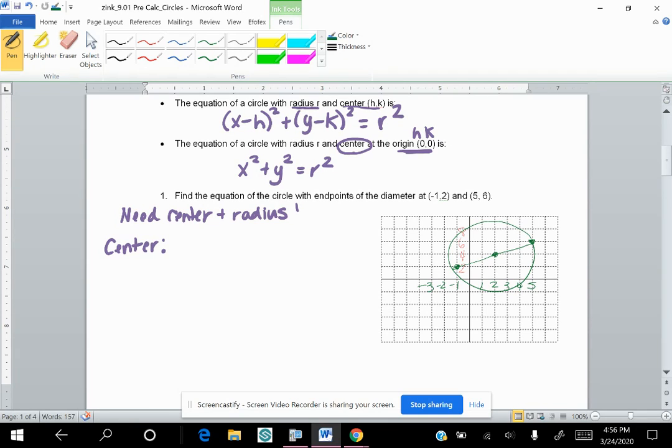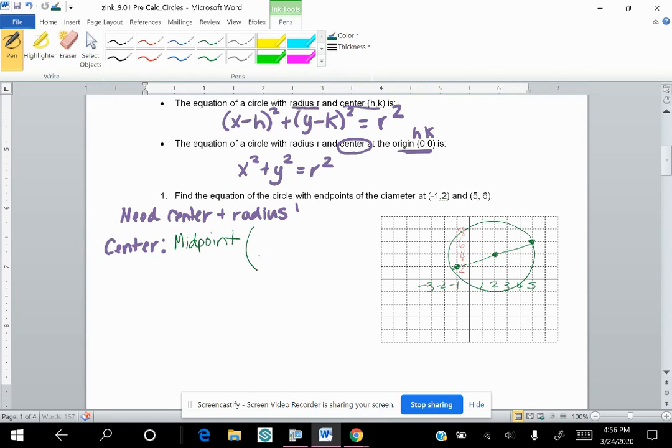For these, I want them done all algebraically. So even if you can figure out, which I'm sure most of you can, the exact coordinates of that using right triangles to find the center, I want you to show the formulas when you do it over here. So we're going to use the midpoint formula because we want the midpoint of our diameter.